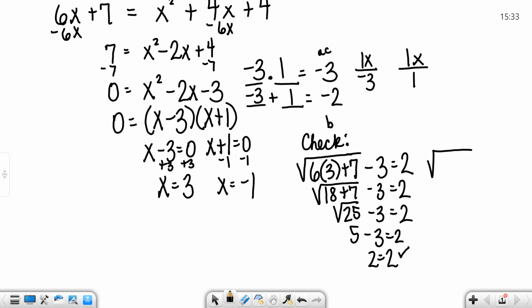Now I'm going to check the -1. Minus negative is really a plus.